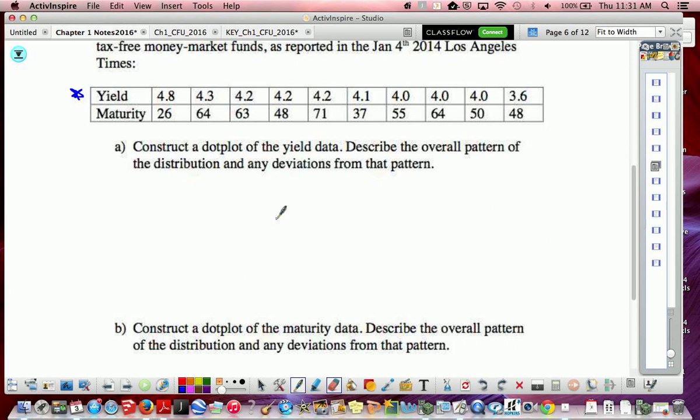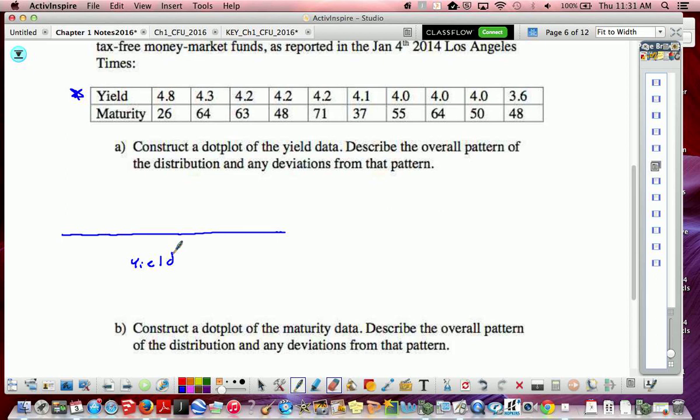Okay? So, our dot plot, make a horizontal line. And down here, I'm going to label what it represents. It represents the yield. Now, what's at least nice about my data that they gave you here is it's at least in order from the greatest number to the lowest. So when I look at this, I need to go up to 4.8 and down to 3.6.